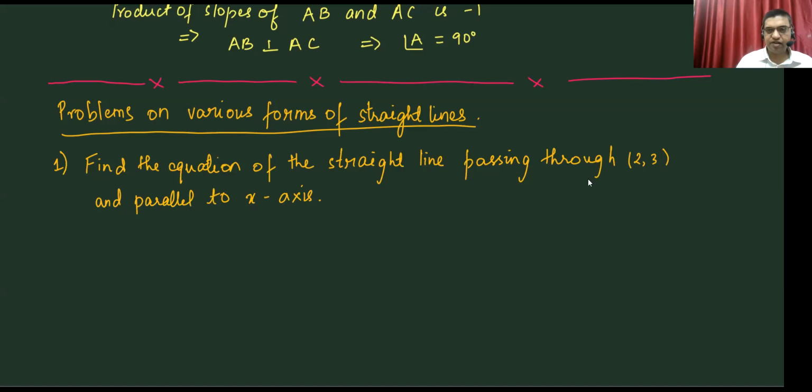Find the equation of the straight line passing through a point 2, 3 and parallel to x-axis.